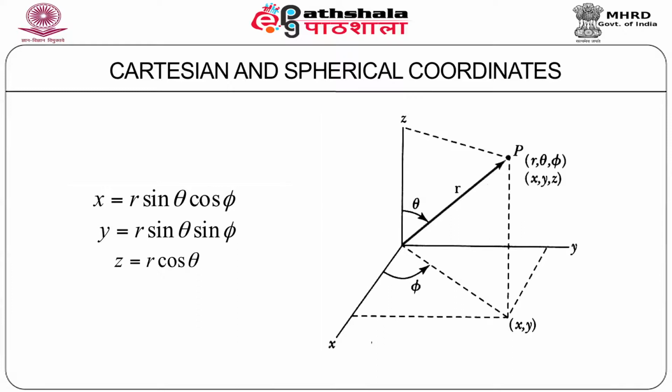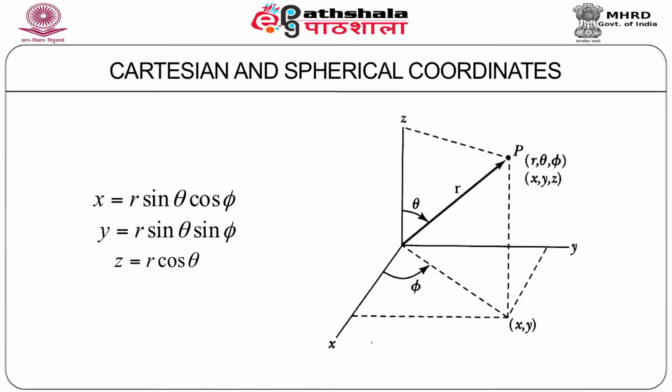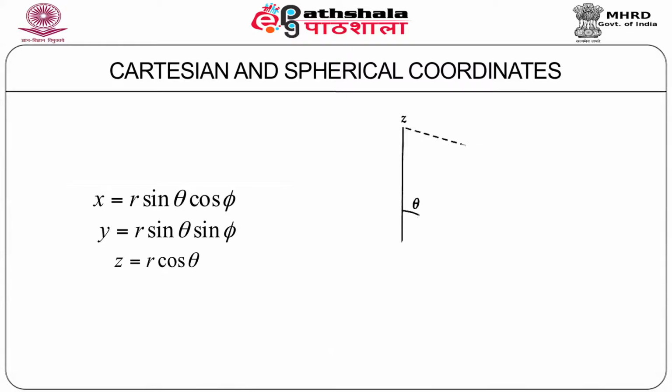Here you see the coordinates of a point P are x, y, z in Cartesian coordinates, and in spherical coordinates it is r, theta and phi. If you drop a perpendicular from P to the z axis, then you get the z coordinate, and if you drop a perpendicular from P to the xy plane, and then from that point you drop perpendiculars on the x and y axes, you get the Cartesian coordinates x, y and z. Spherical coordinates are sometimes called polar coordinates also.